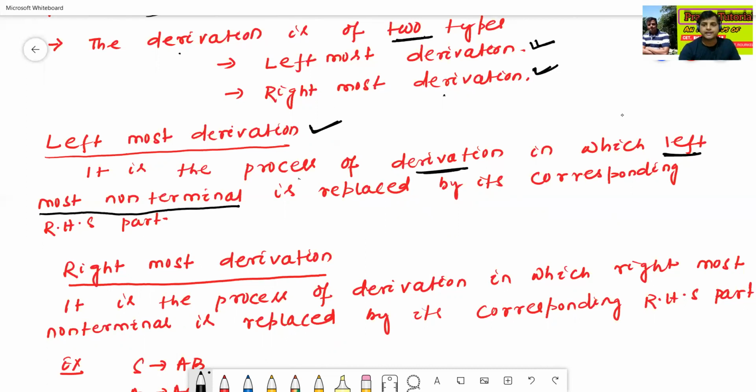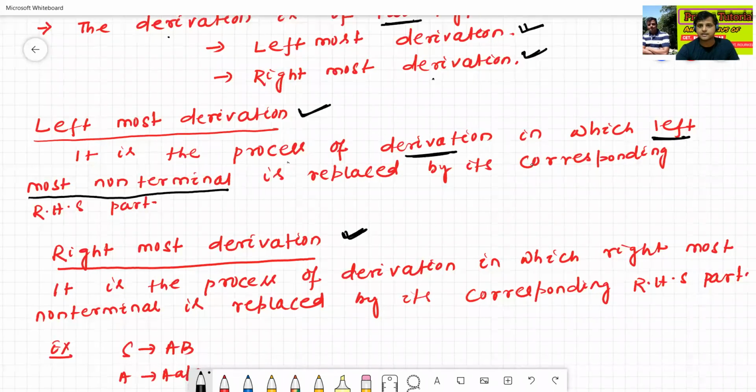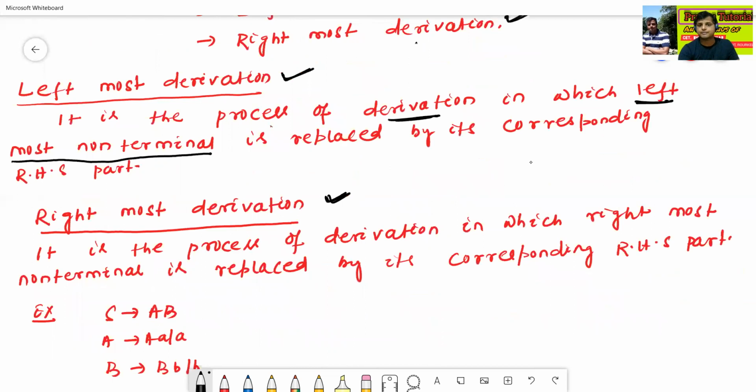But in the case of rightmost derivation, it is a process of derivation in which the rightmost non-terminal is replaced by its corresponding RHS part.